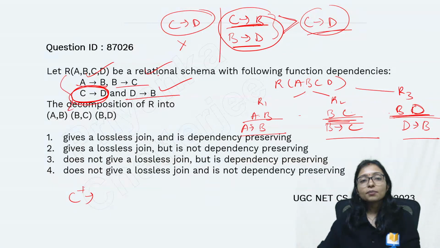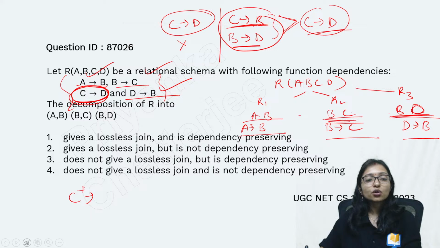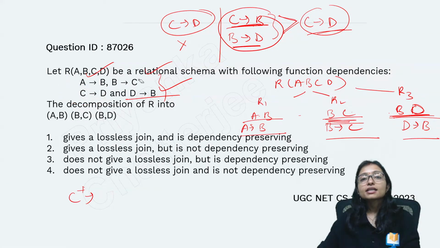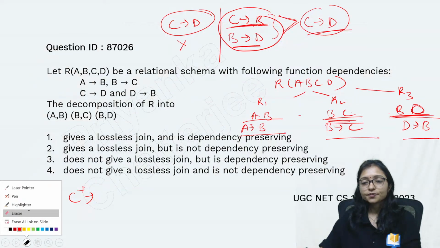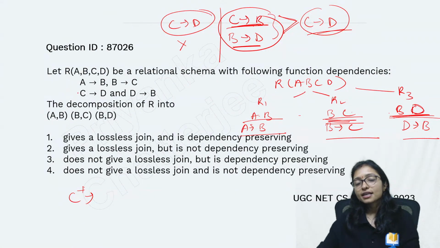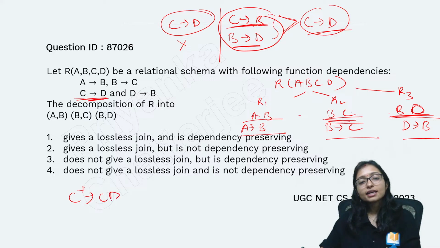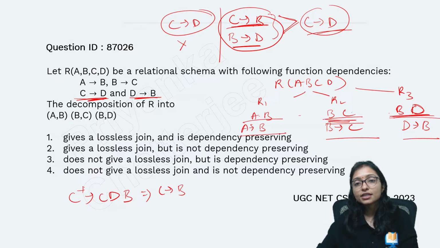From the given dependency, do C closure and check that C implies B is coming or not. Okay? Yes, here you can see C closure by doing CD, D to B, it is coming. Means from here I can say C implies B is present.